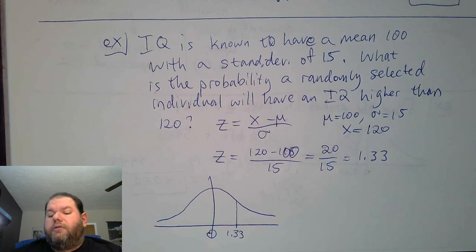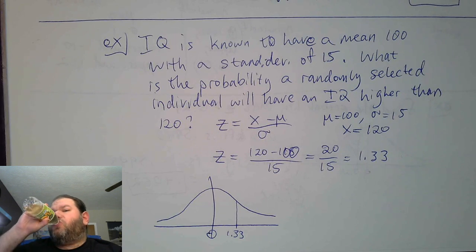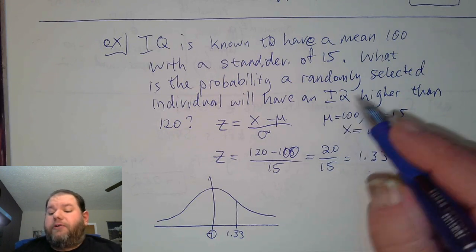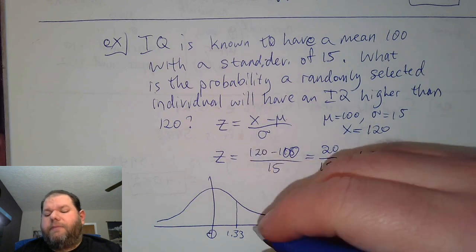And if we're interested in the probability that a randomly selected individual will have an IQ higher than 120, which side do we need to shade, to the left or to the right? To the right, yes. The higher than would be greater than, which is to the right.